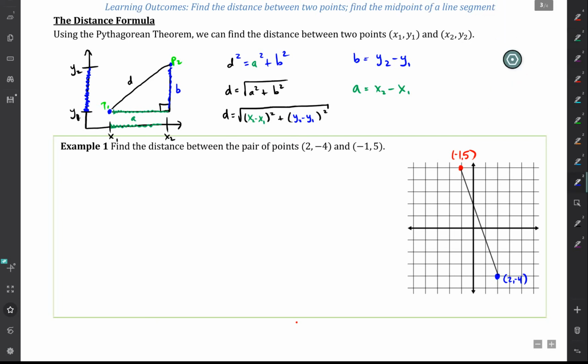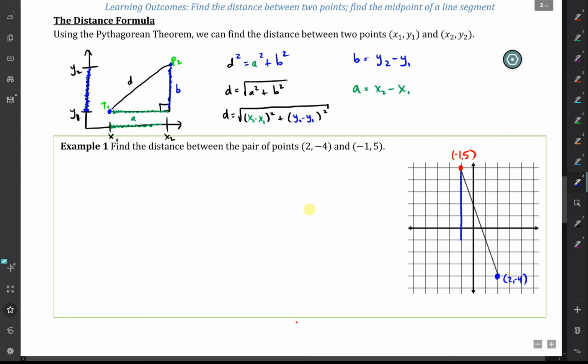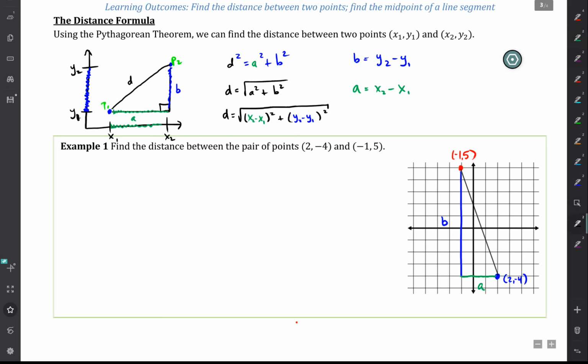So what we're supposed to do here is figure out the change in y, which is b, and then the change in x, which is a. So this is x2 minus x1, b is y2 minus y1, and then we're going to take the square root of that.